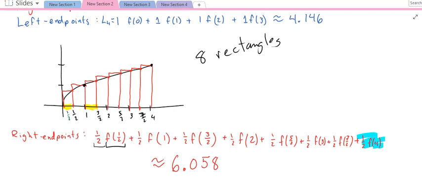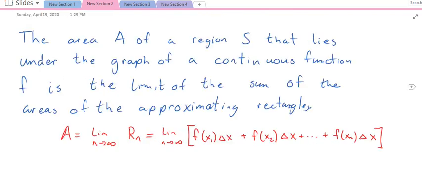I've got the right endpoints here that I'm using, and I've got this delta x here. I'll explain that in a little while, but that's really just telling you the width because you're cutting the interval up into equal widths. So f of x_i is the height of your rectangle, and this bit here is your width in each case.